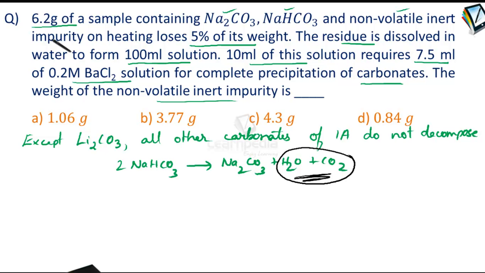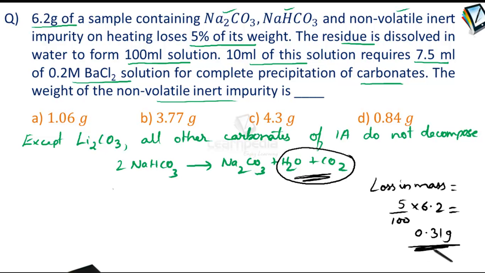And in the numerical it is given that when 6.2 grams of the sample is heated, the loss in mass is 5%. So here the loss in mass is nothing but 5% of 6.2, and this value is equal to 0.31 grams. Means this much quantity of H2O and CO2 came out whenever 6.2 grams of the sample is heated.